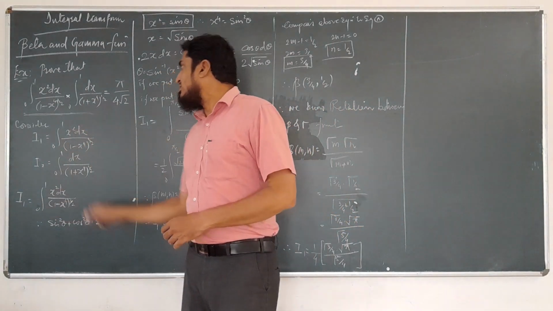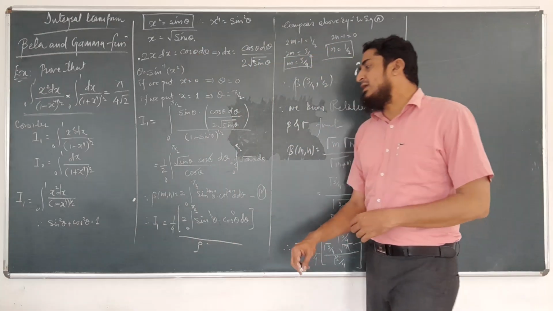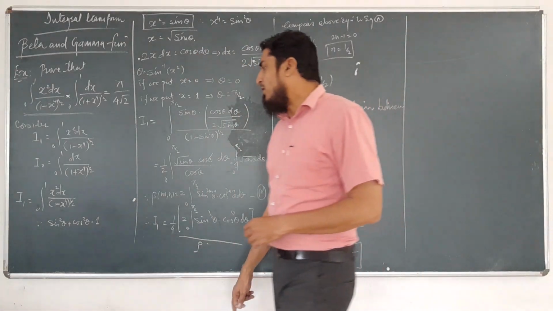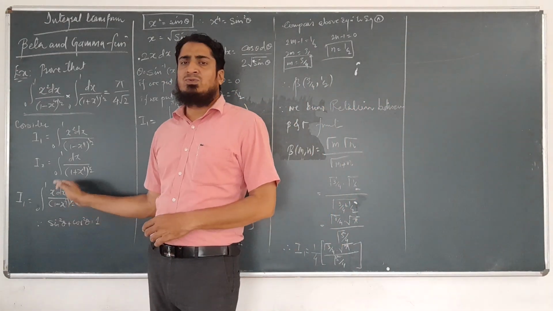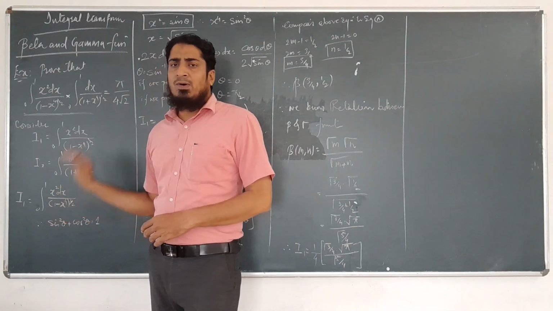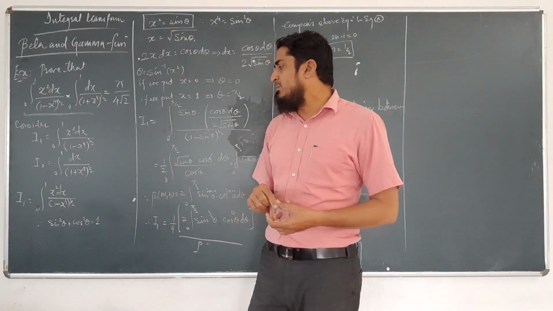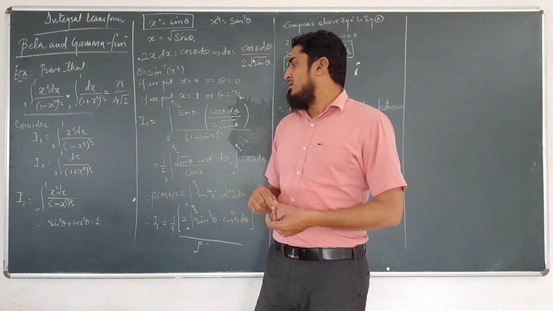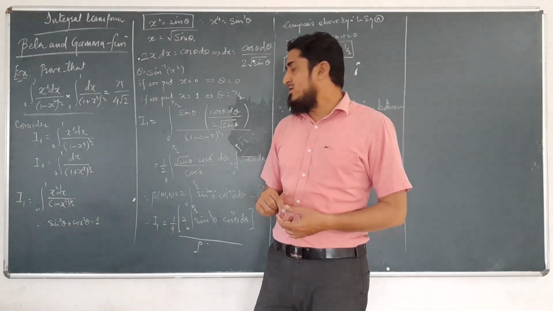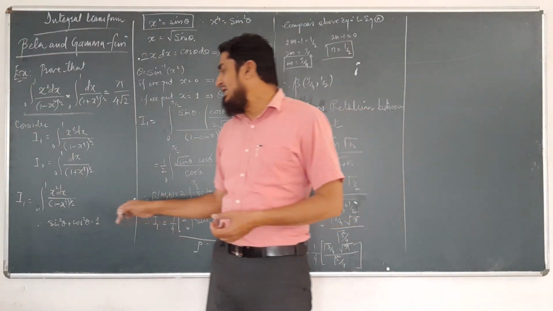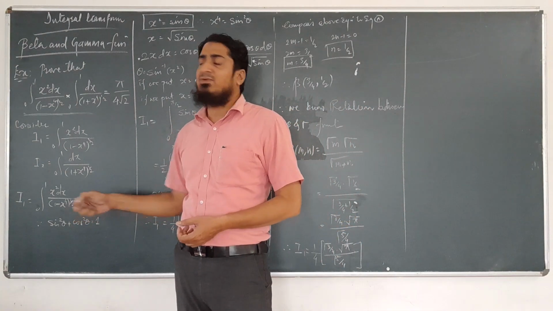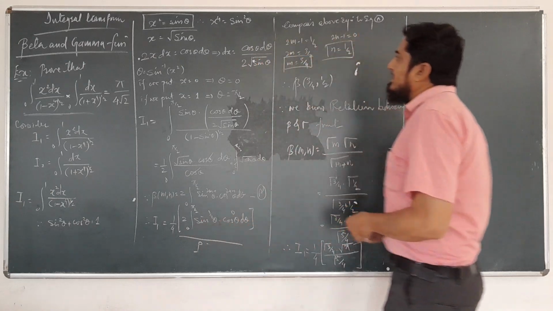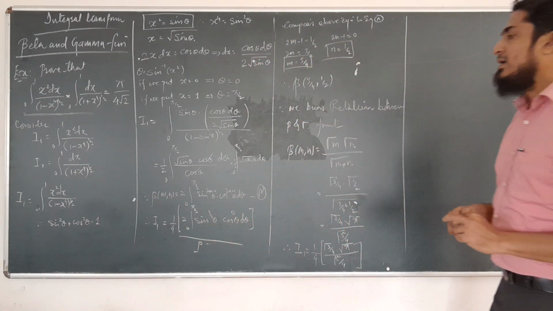Now we are solving I1 and we know that whenever we have 1 minus x raised to a power, at that place we can put sin theta. By using the substitution method, we can easily simplify and solve such type of equation.